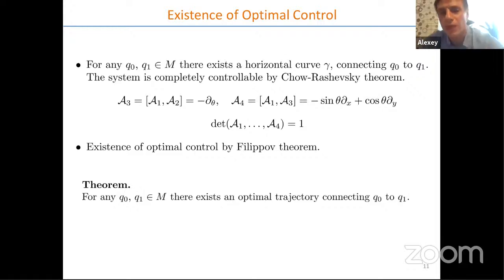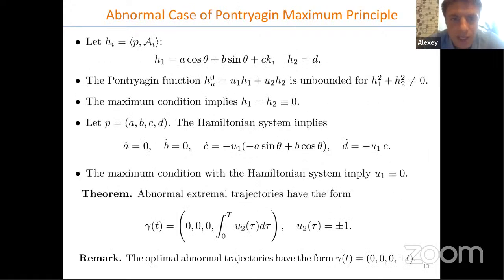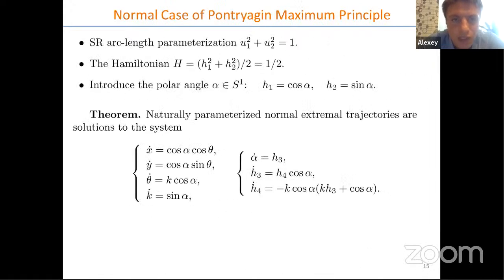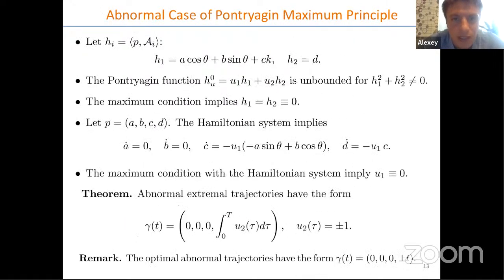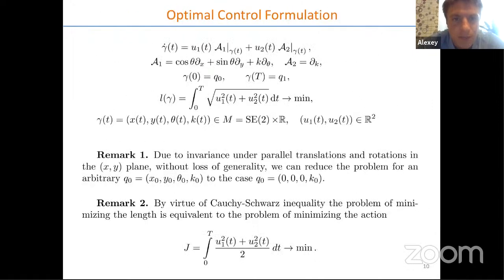It can be better understood, let me find the slide. So in the classical SE2 model, let's for a while forget about the T-parameterization and stick to arcs of the geodesics projected to the plane that have no cusps, that can be parameterized by arc length on the plane.